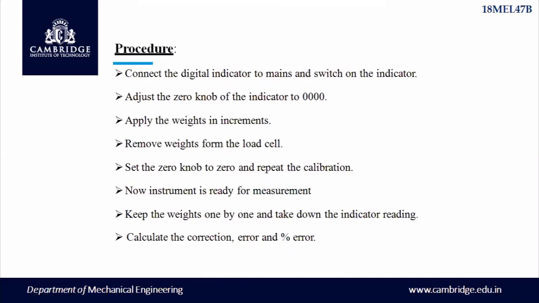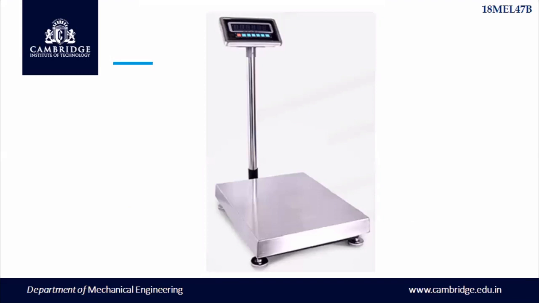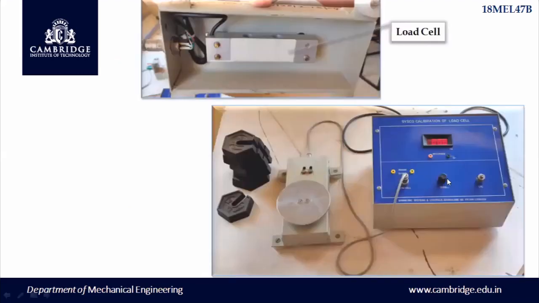And this is the procedure to be followed to get the reading using the load cell. Initially it needs to be set to 0. Once the 0 is set using the 0 knob, here there is a 0 knob, using that you need to make it 0.